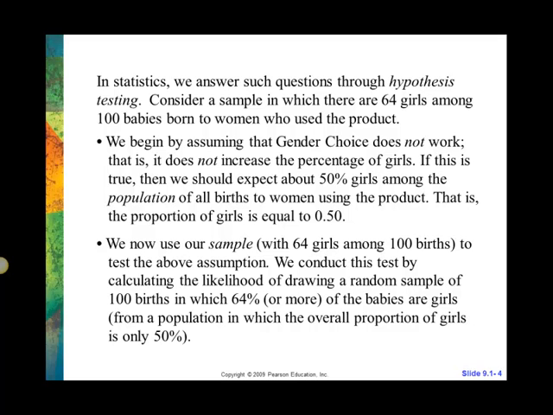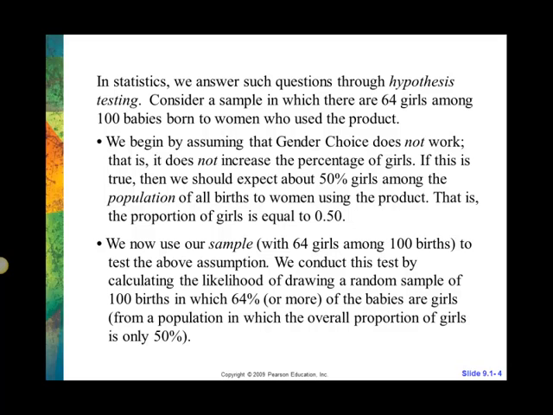And so we have to make some assumptions. The first one is that the product doesn't work at all, and so we should get a 50-50 split for probability. But if it does work, then we look at our sample, where we got 64 births out of 100, and we find the likelihood of that occurring. Is that significantly more than 50%?